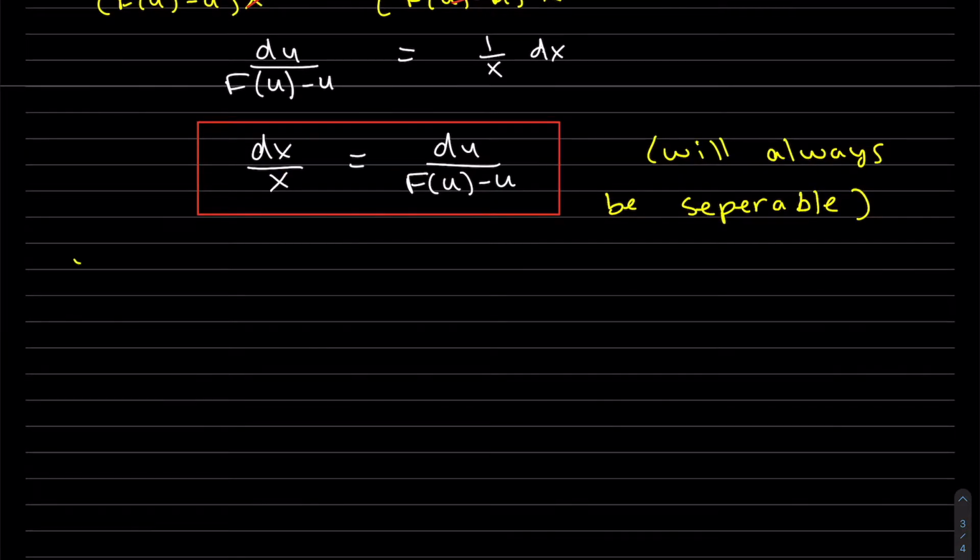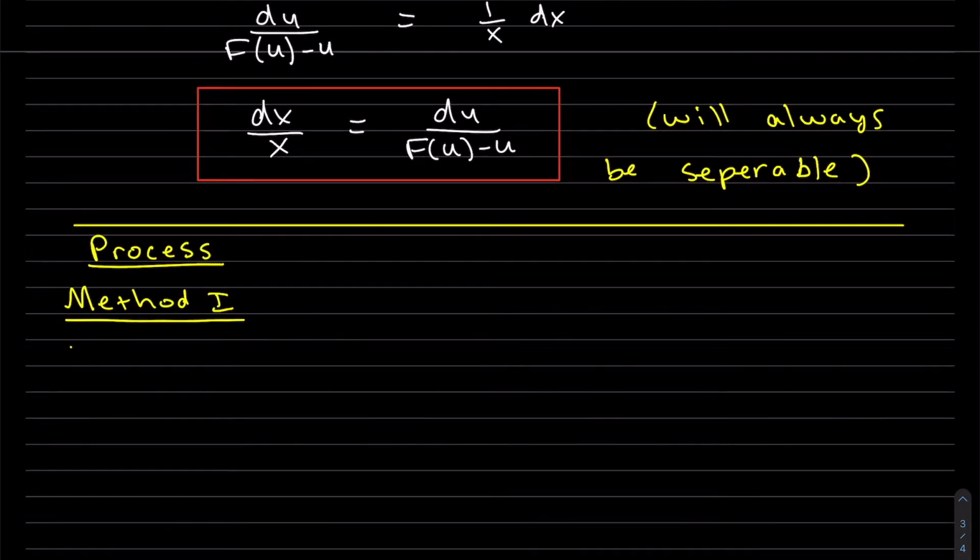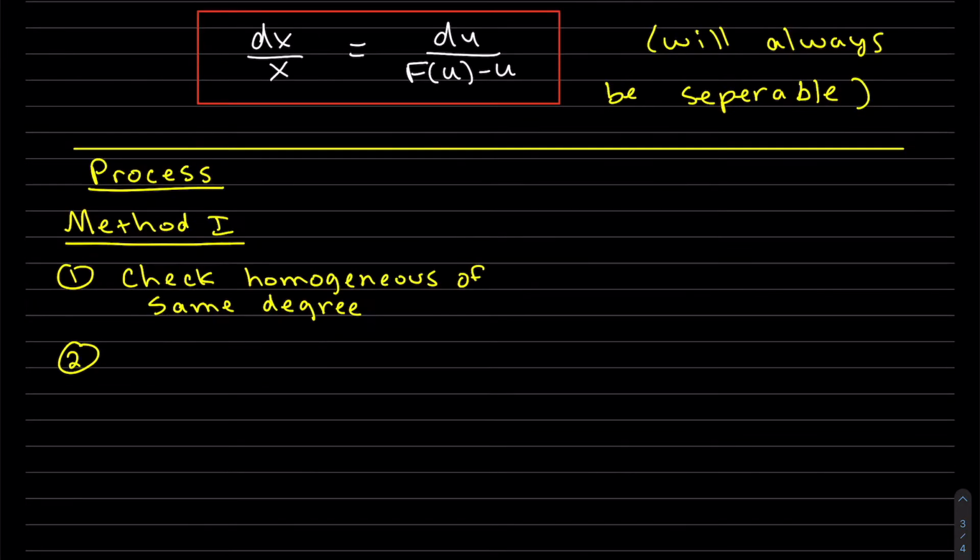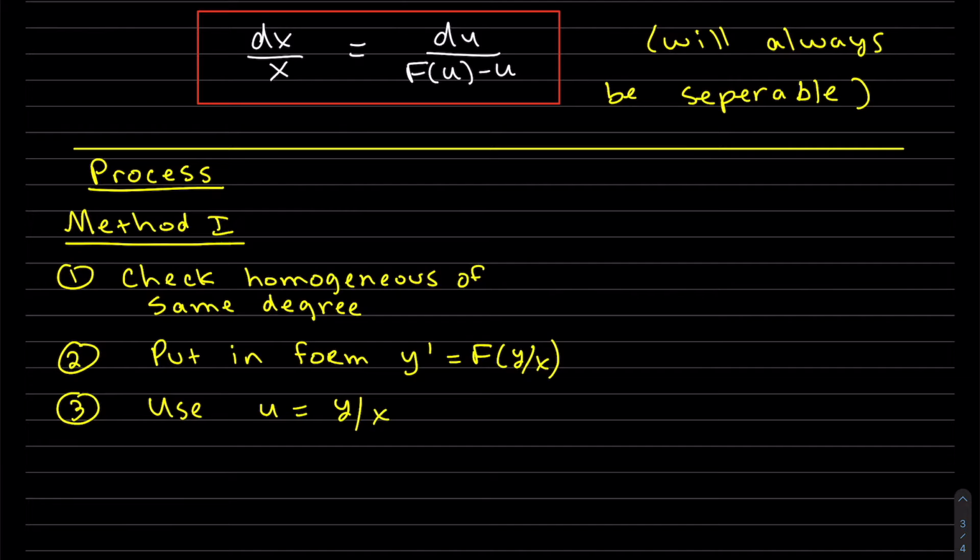So let's go over the process before we do an example, the two different processes. We're going to check for homogeneous of the same degree. We're going to put it in the form, this is what we did above. We're going to use the substitution u equals y over x, but of course we're going to change it to y equals, multiply both sides by x, ux.